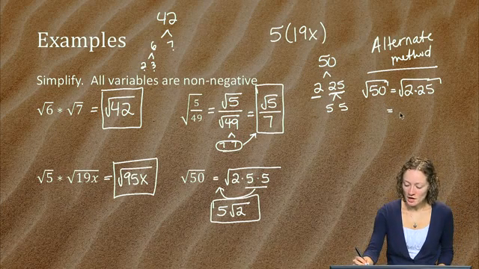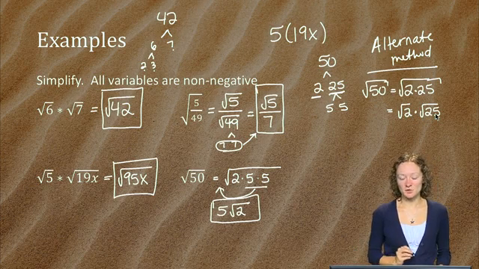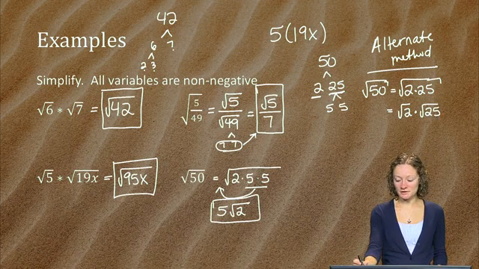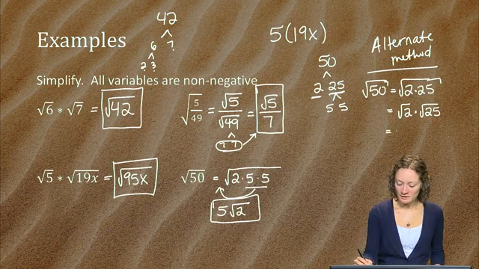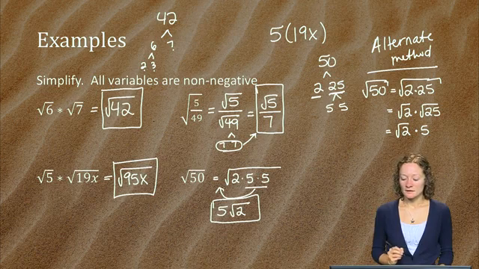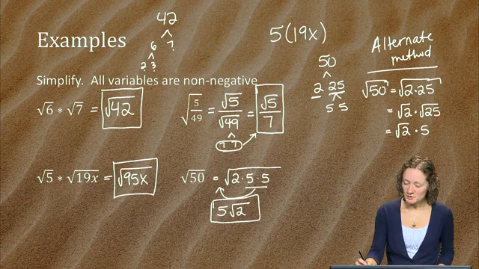Then we can use the product rule to separate these into 2 individual square roots. Once they're separated like this, you can clearly see, well, the square root of 25 is a perfect square. That is 5. And then the only thing left, and maybe you wrote it a different way to begin with, would be to reorder these.